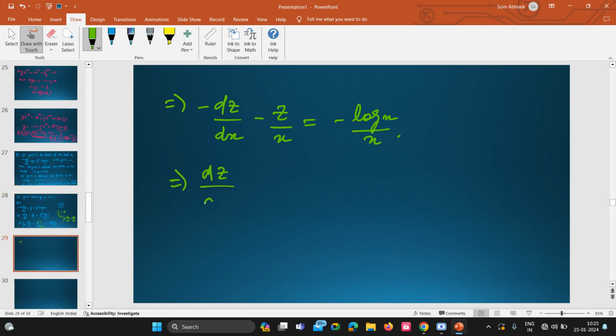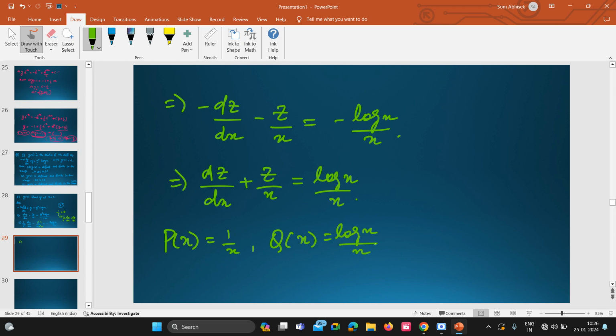So dz by dx plus z by x is equal to log x by x. Okay, so now again Px is how much? Px is your 1 by x, Qx is your log x by x. So integrating factor is e to the power integral of Px dx, e to the power integral of 1 by x dx, e to the power ln x, that is x.